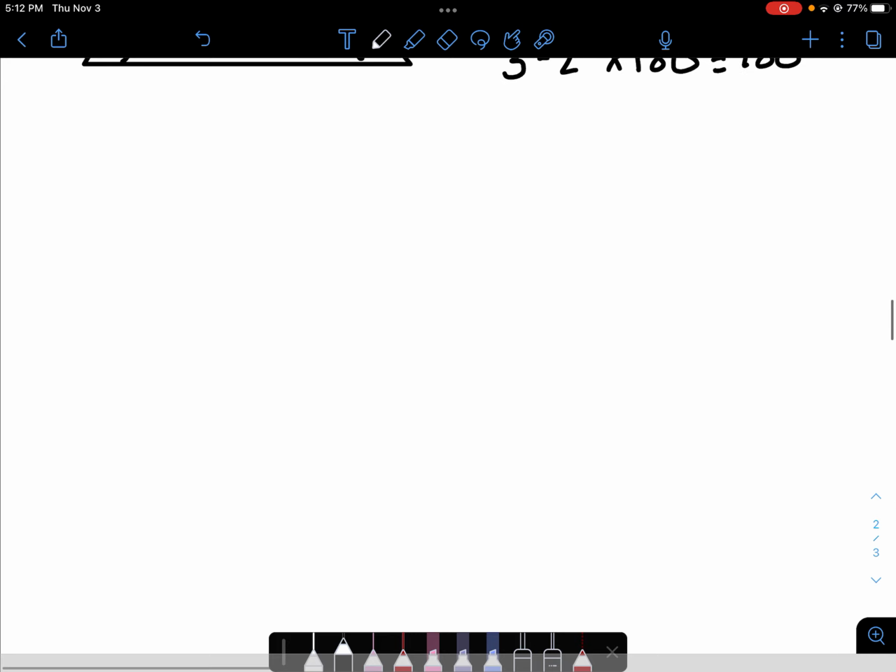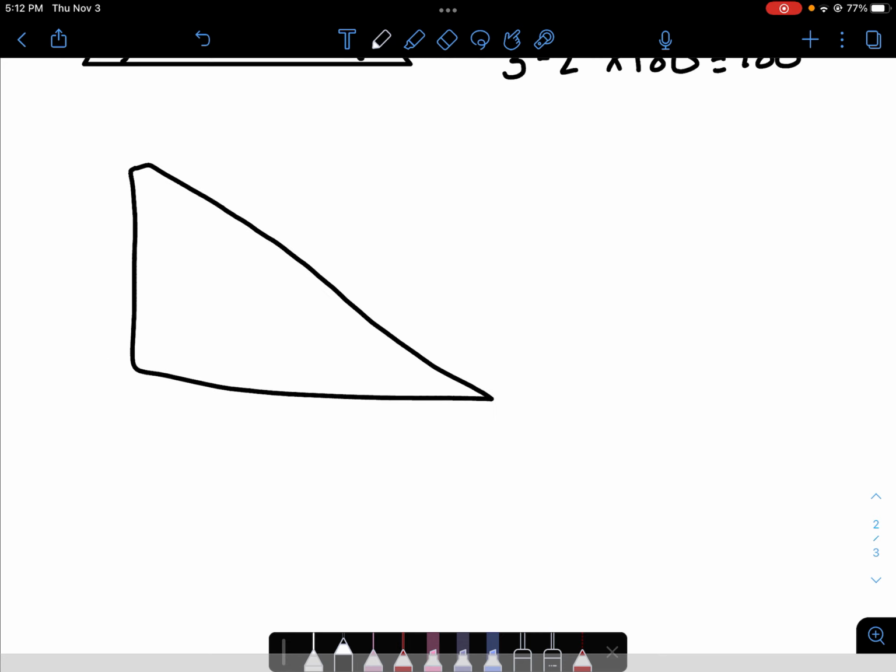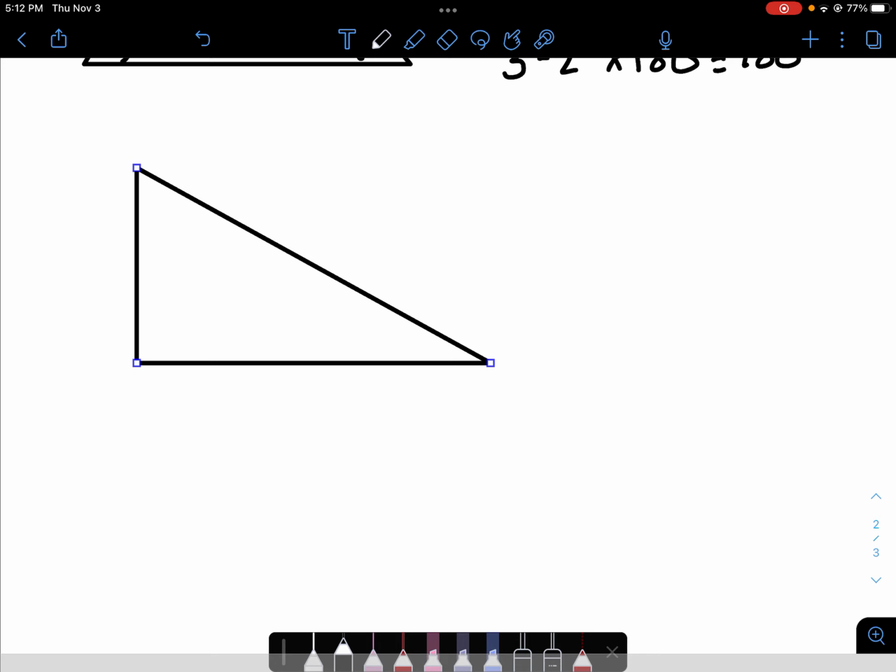And then finally, we're going to run through something that's called a corollary. And a corollary is basically a statement where, once you understand all these theorems and properties, you can draw conclusions from them. So, say we have a right triangle. This is our right triangle.